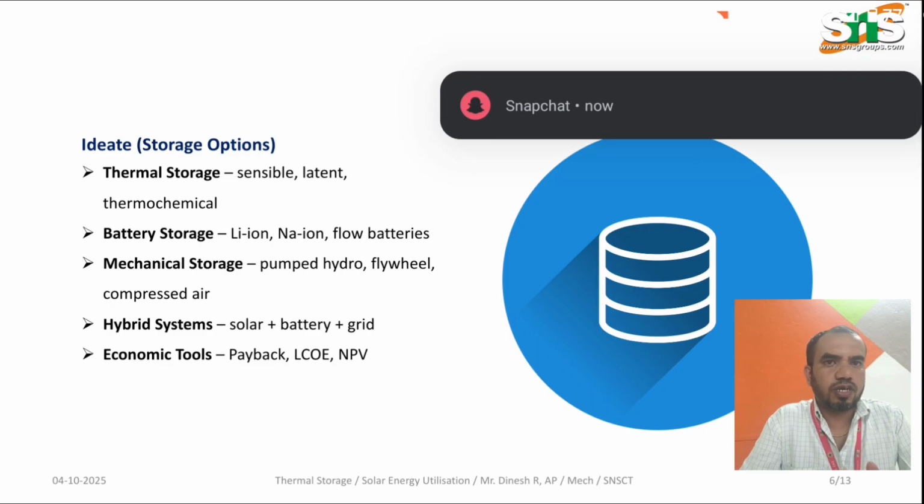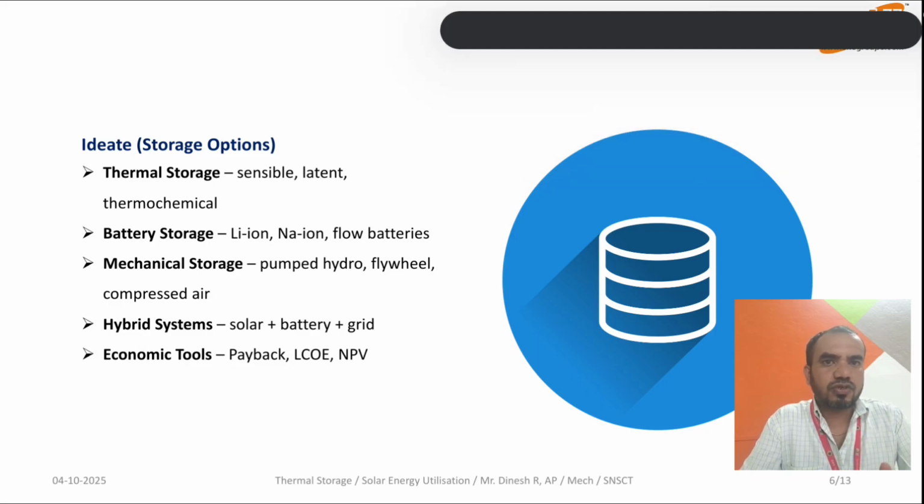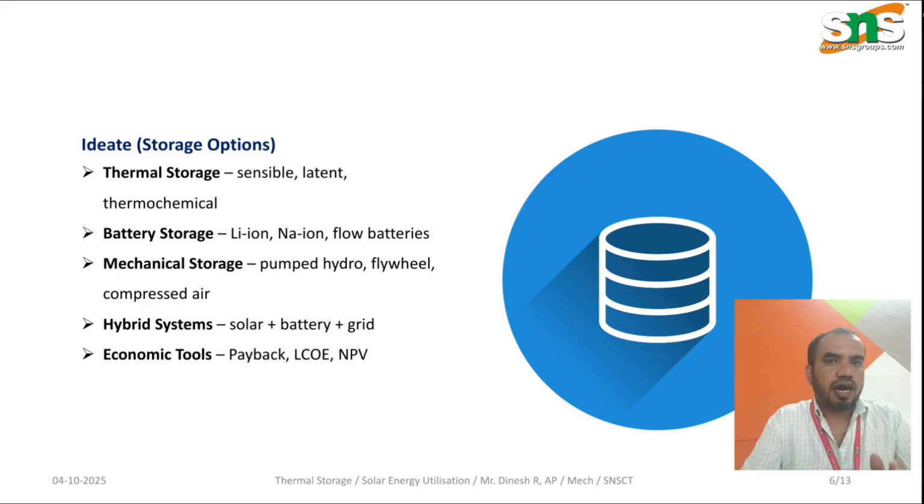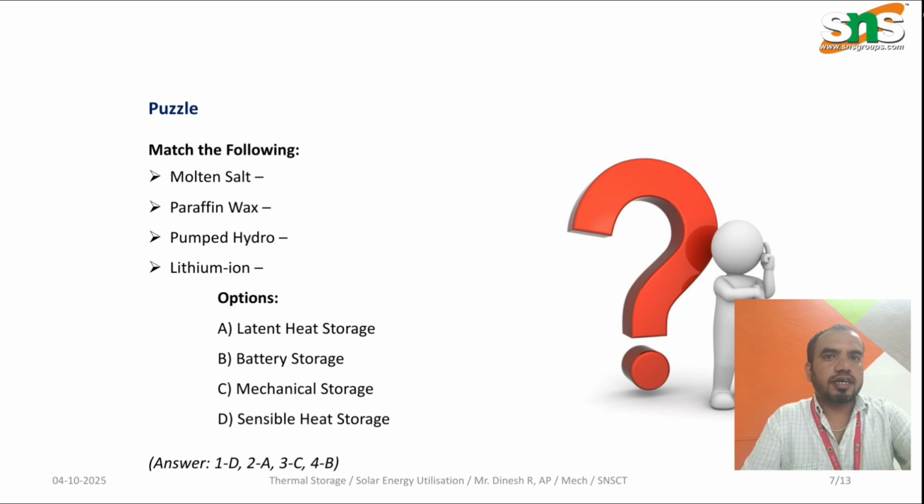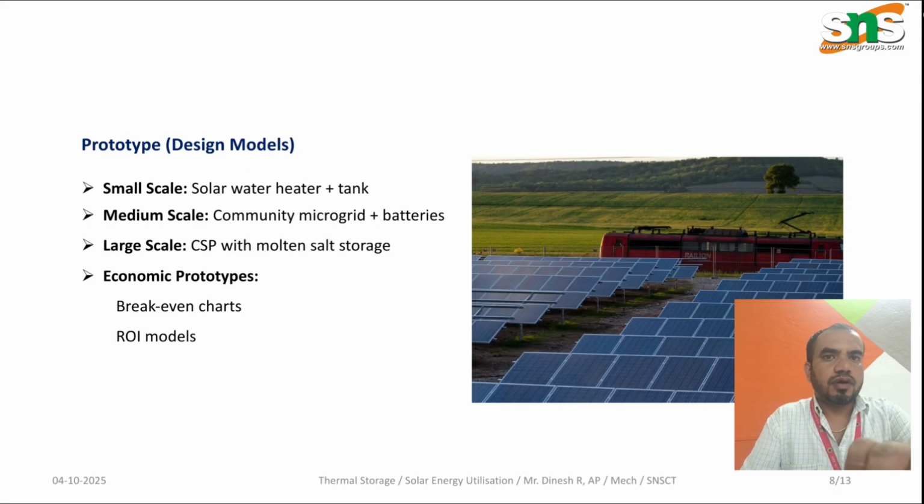When it comes to storage options, we have thermal storage, battery storage, mechanical storage, hybrid, and economic tools. Then the prototypes: small scale, medium scale, large scale, and economic prototypes like ROI models or break-even charts. These are the prototypes which we have been using right now.